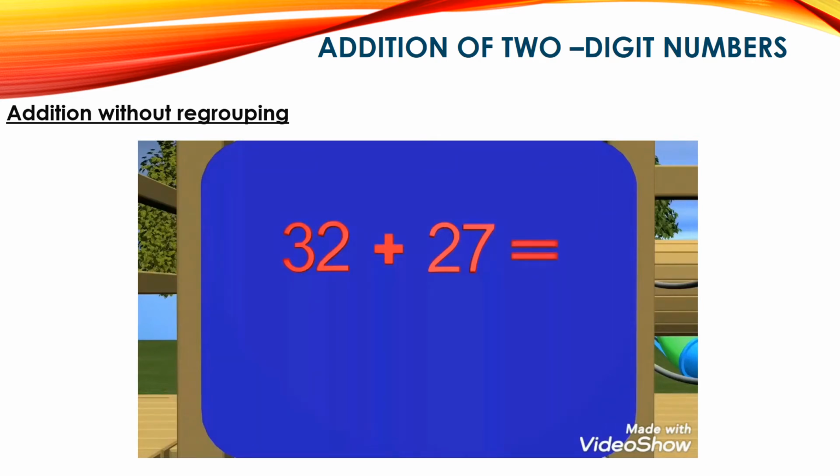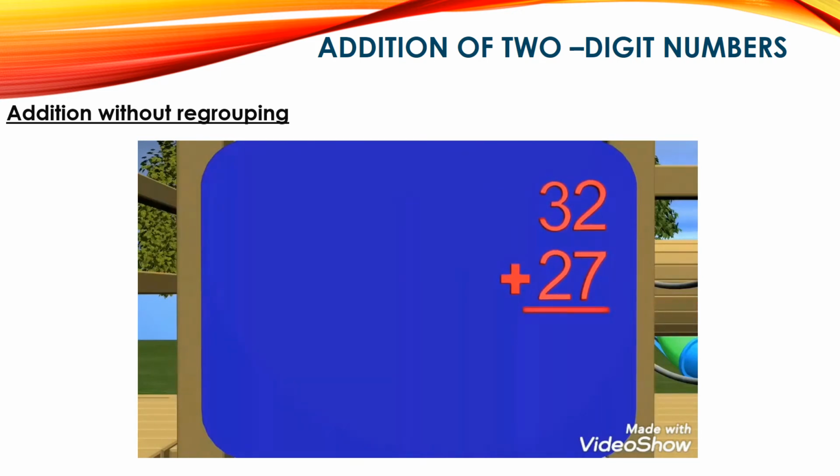That is 3 tens, 2 ones and 2 tens, 7 ones. Let us see how to do this.